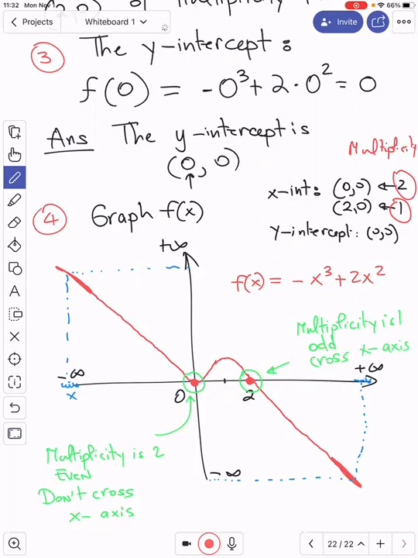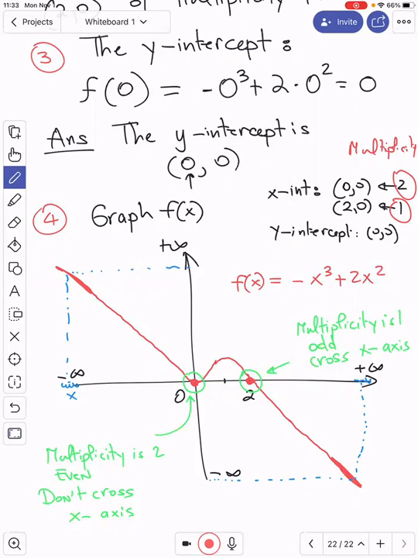Any questions, guys? So this is the shape of the graph of minus x cubed plus 2x squared. As you can see, just with the behavior at infinity and plotting the x- and y-intercepts, you can graph your f.